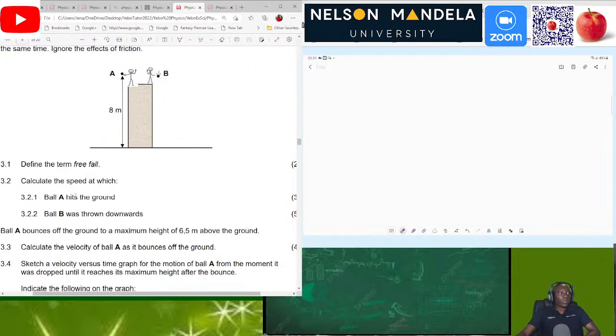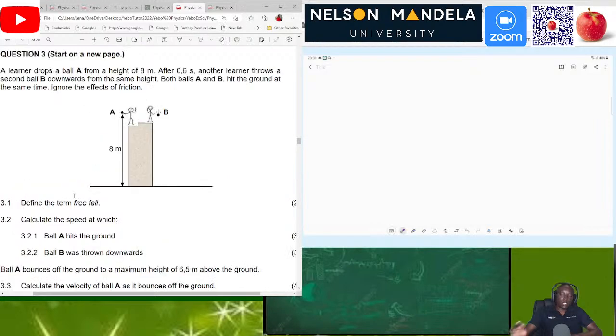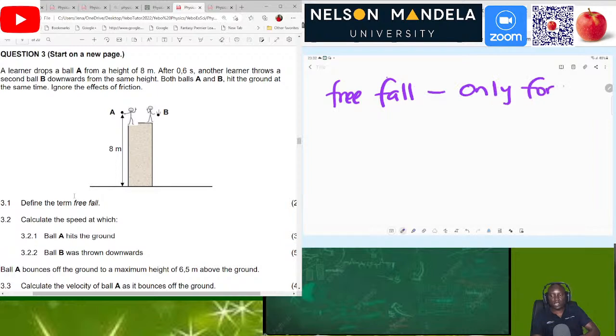Now the second part. So we have free fall as the first part. Keywords: the only force is the force of gravity, or gravitational force. So there's only one force acting on it, and it's the force of gravity.